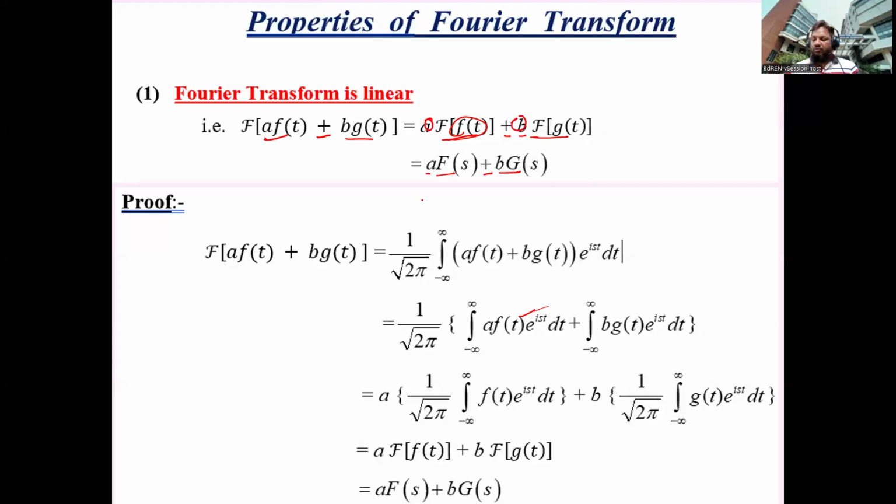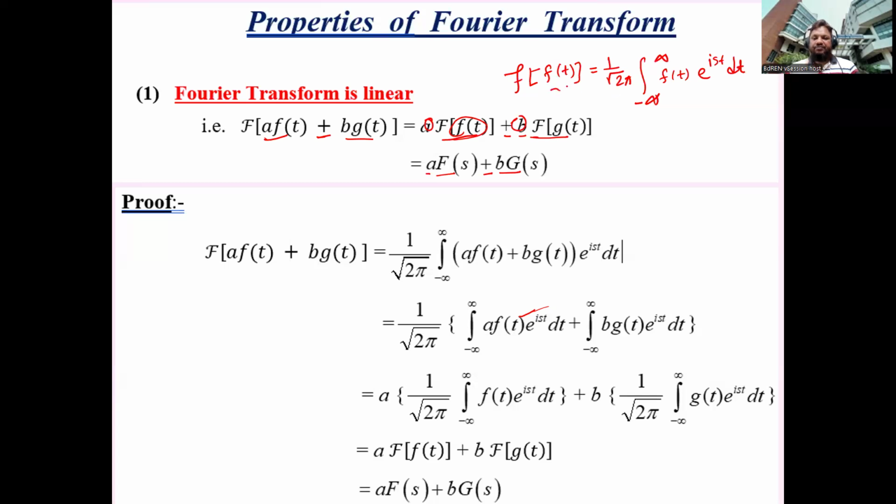Right. So from the definition of Fourier transform, we know the Fourier transform of f(t) can be written as 1 by root over 2 pi, integral from negative infinity to positive infinity, f(t) e to the power ist dt.